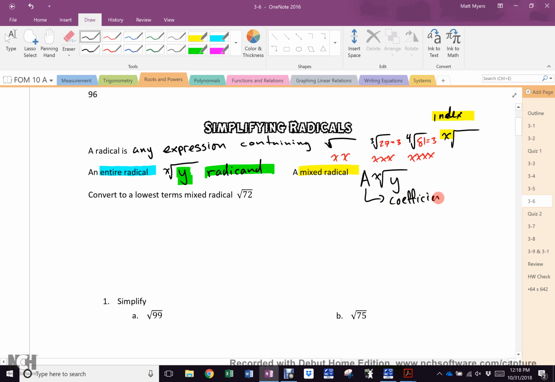And what is the function of a coefficient? What math does it do? It multiplies, right? Just like if I had 3x, that means 3 times x. So this means whatever a is times that radical. Is everybody good?